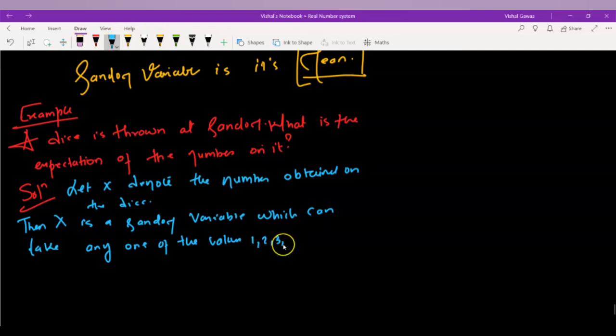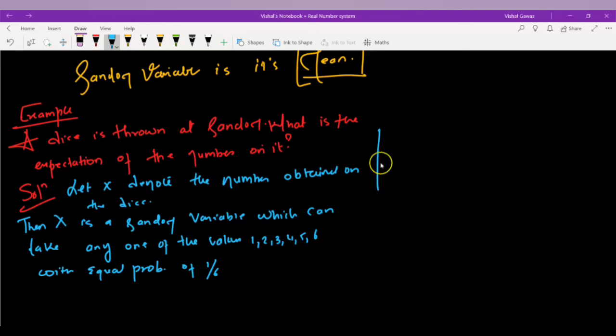Sorry, mistake, not 0. And the probability of getting any one of these is with equal probability of 1 by 6, right?